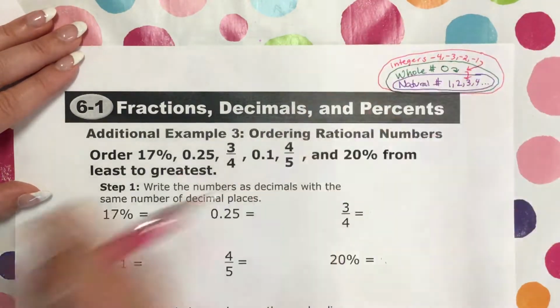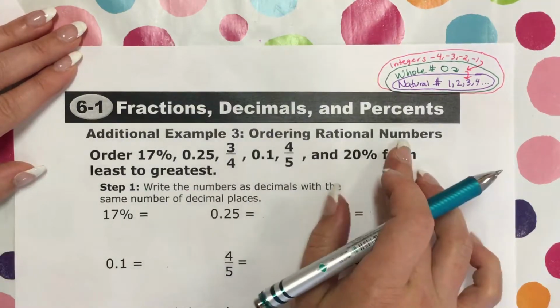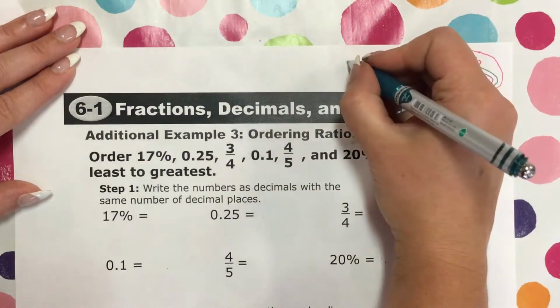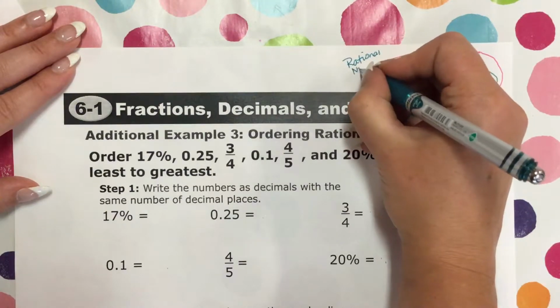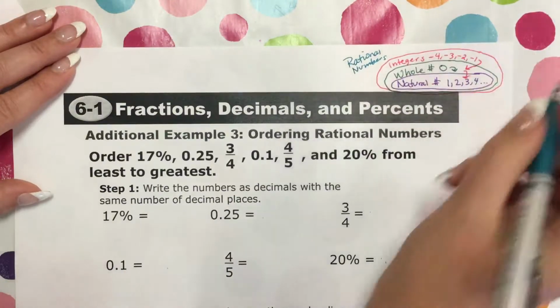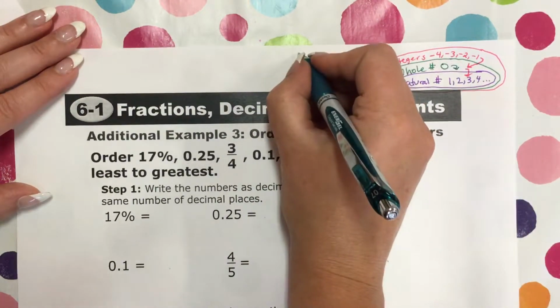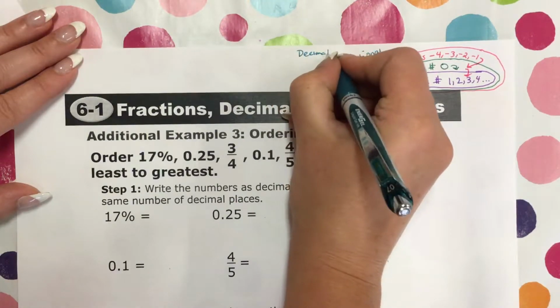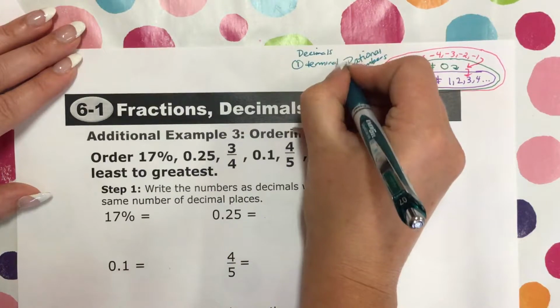And then finally, we end up with the rational numbers, which is what we're talking about here. Now, if you remember, the rational numbers have two characteristics. They can be written as decimals that, number one, terminate.